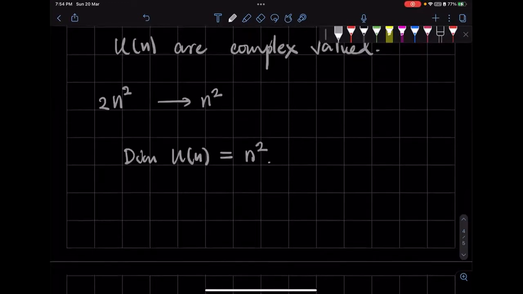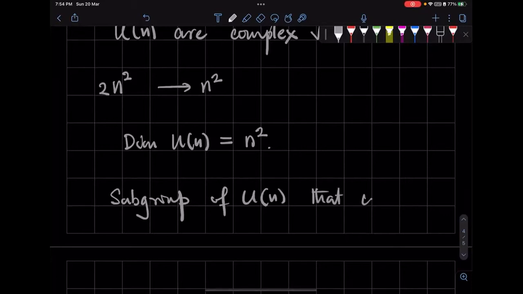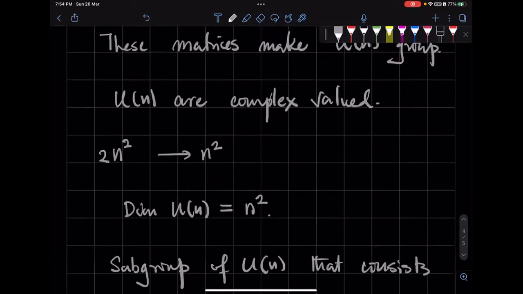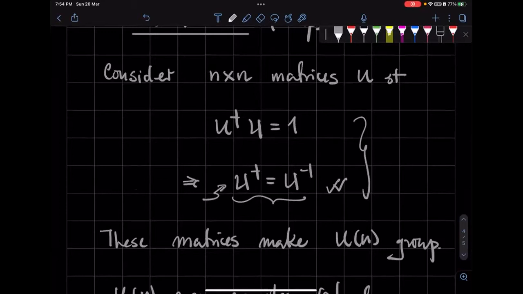Now, if I look at the subgroup of UN that consists of all the unitary matrices, by the way, this is called unitarity. So U stands for unitary.